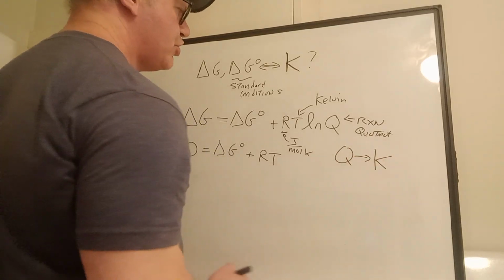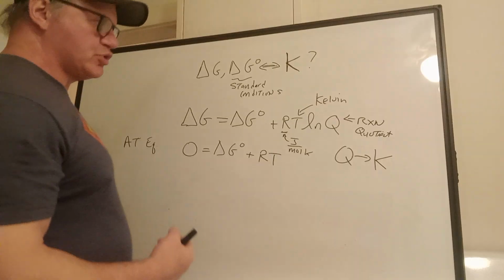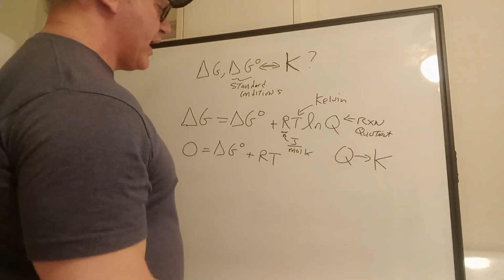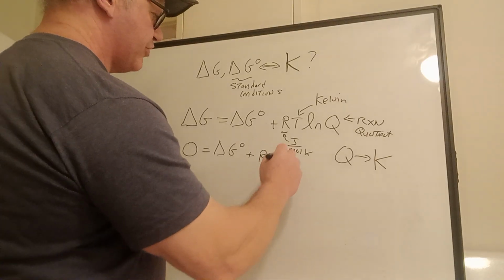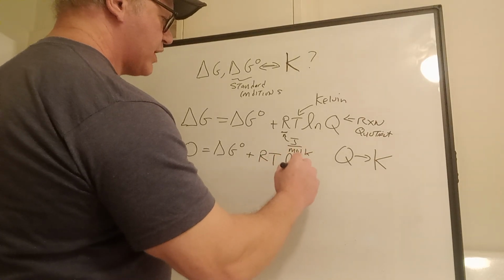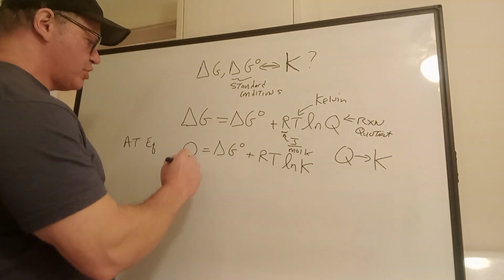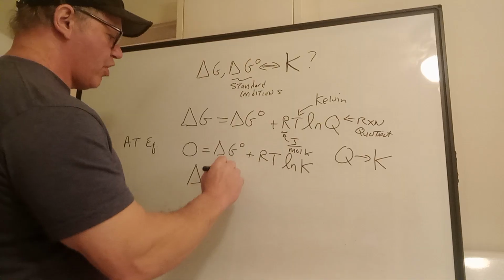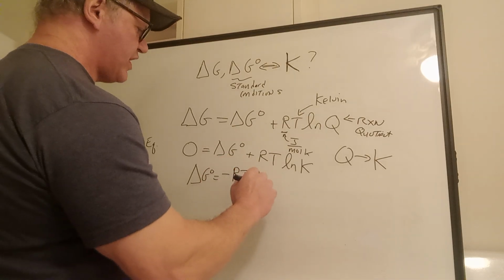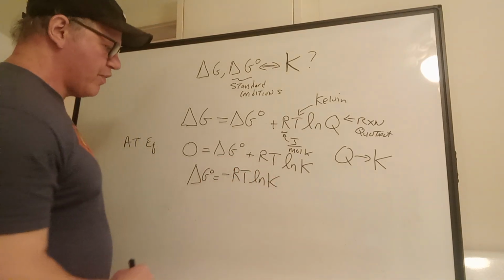Q is for anywhere along a reaction coordinate. The specific spot that we call equilibrium, we use a different symbol for that, and so that becomes ln of K. So you can write a relationship, delta G naught is equal to negative RT ln of K. That's a perfectly good equation.